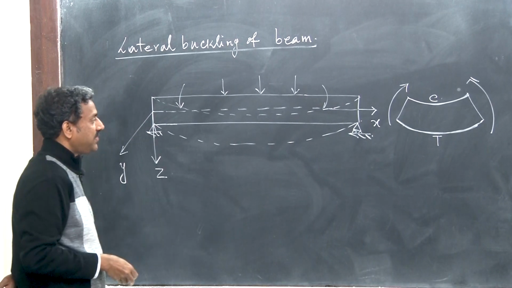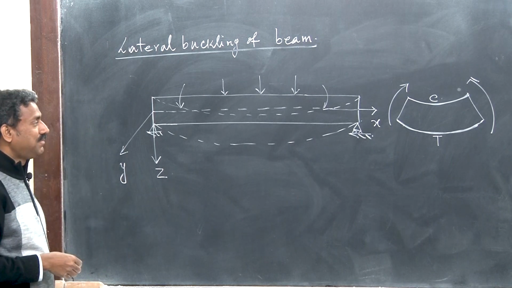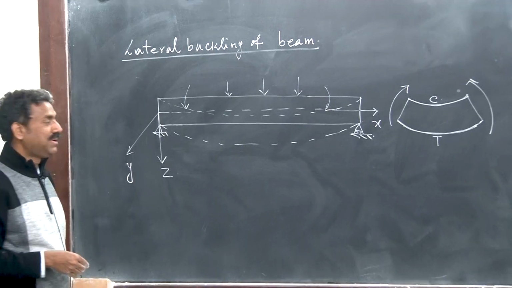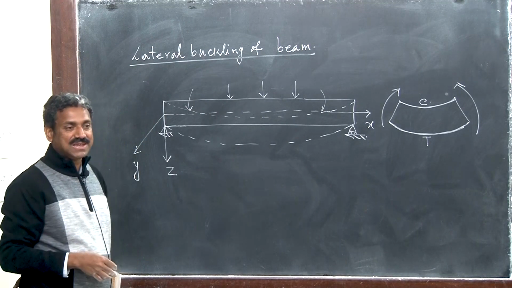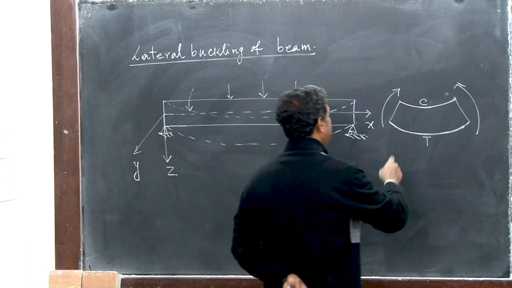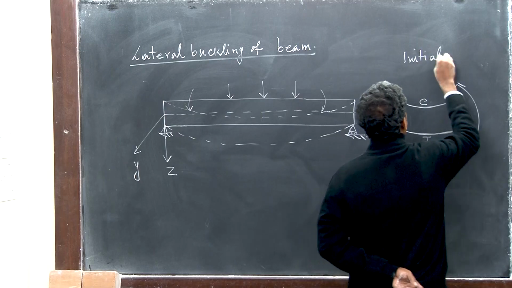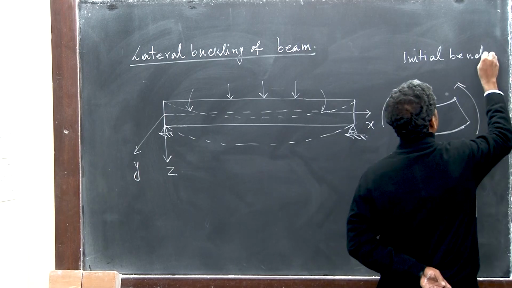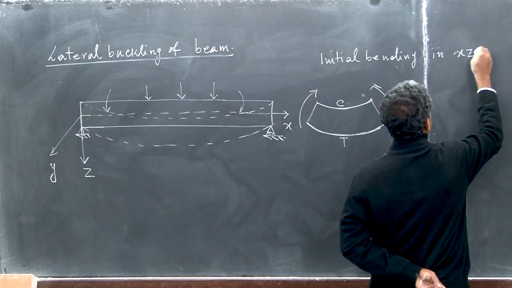Initially the beam was in equilibrium under vertical load, and the initial bending was essentially happening in the XZ plane.